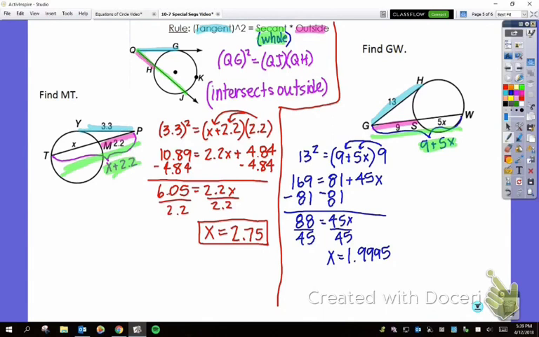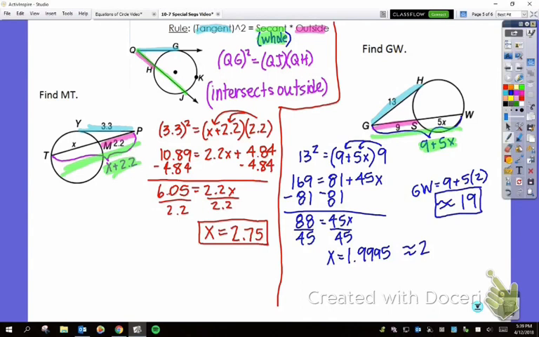Now, I think on our paper we said that it was approximately 2. So when we plug this back in to find GW, we would just say GW equals 9 plus 5 times 2, so it's about 19.